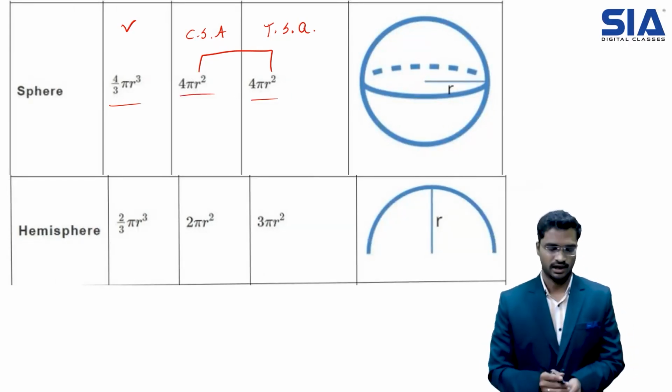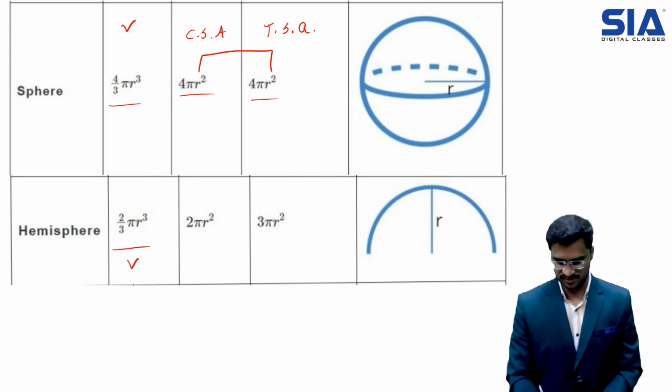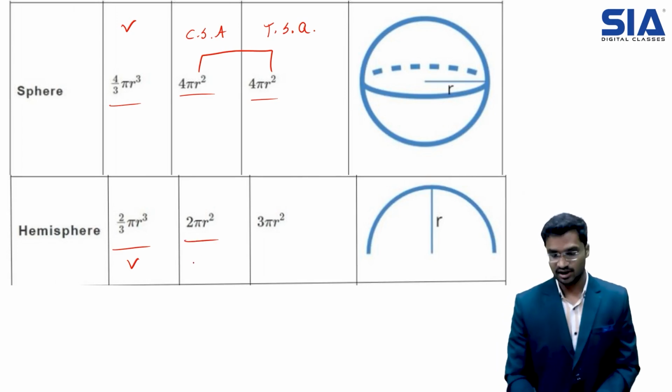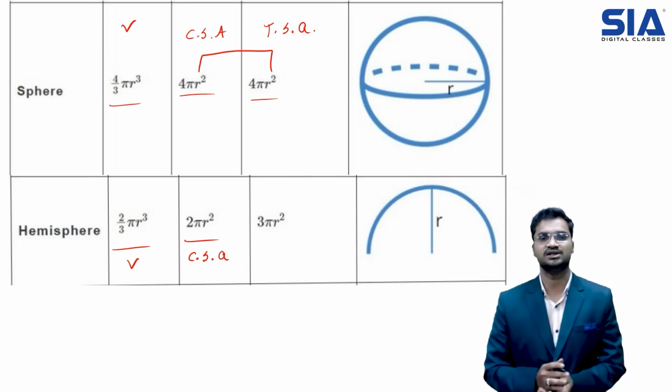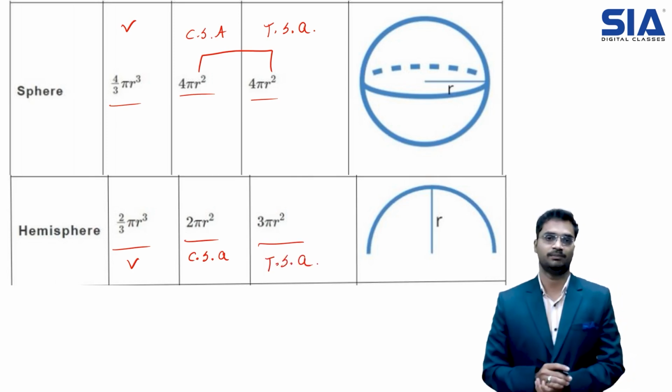The volume of a hemisphere is 2 by 3 pi r cube, because this is half of the sphere. The curved surface area of a hemisphere is 2 pi r square. The total surface area of a hemisphere is 3 pi r square.